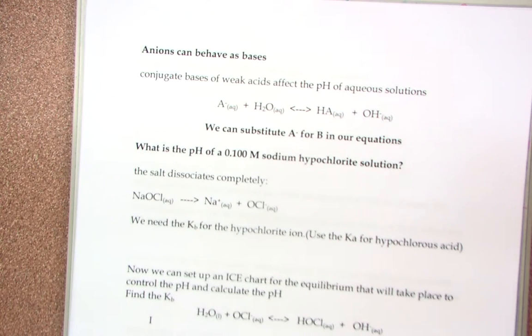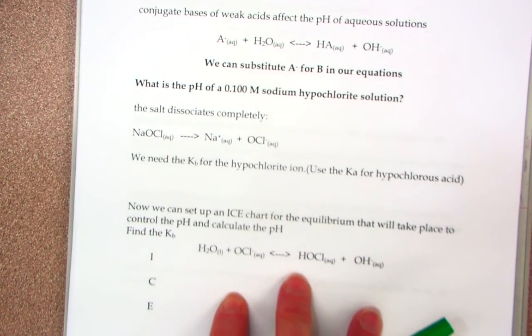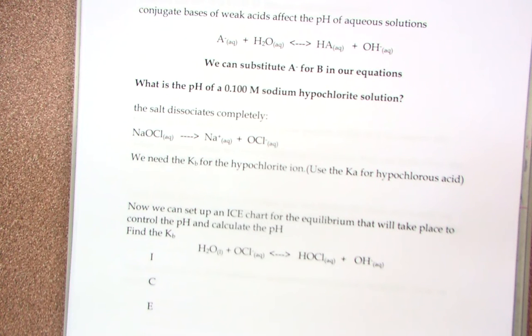So we've talked about our generic weak acid, HA, and now we think about A-. This is something like acetate. If I put sodium acetate in water, it's a salt, and the acetate ion is the conjugate base of the weak acid, acetic acid.